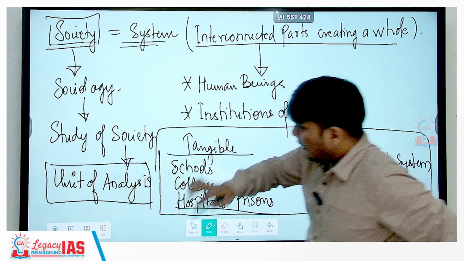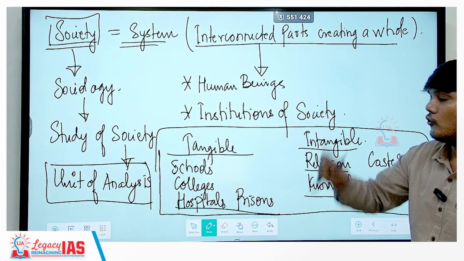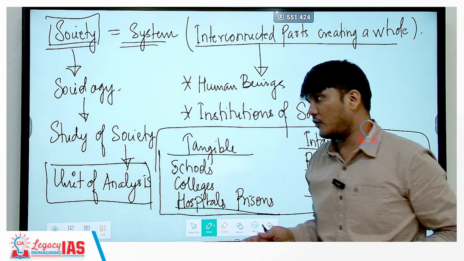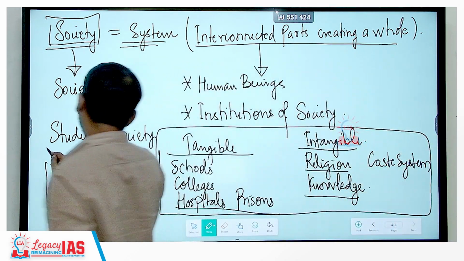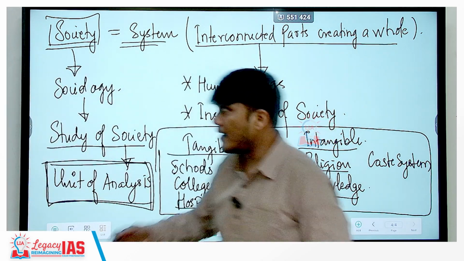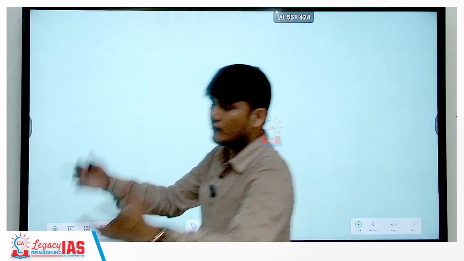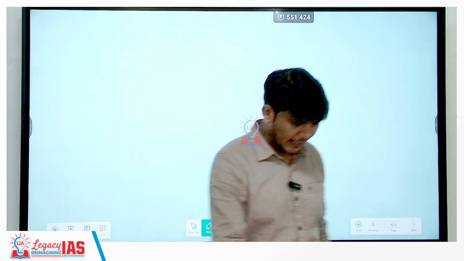But that will not constitute sociology because it's a single individual. Society is formed with many individuals, right? So in sociology, the unit of analysis would be society. And society is viewed as a system, which is nothing but a whole constituting interconnected parts.